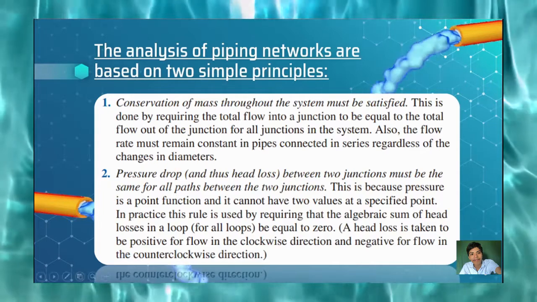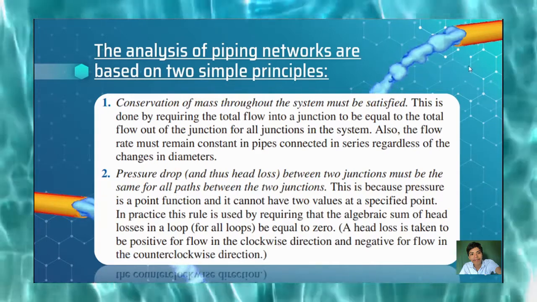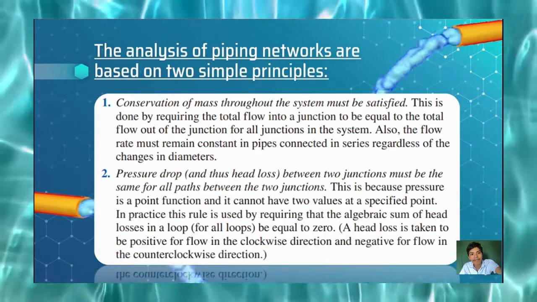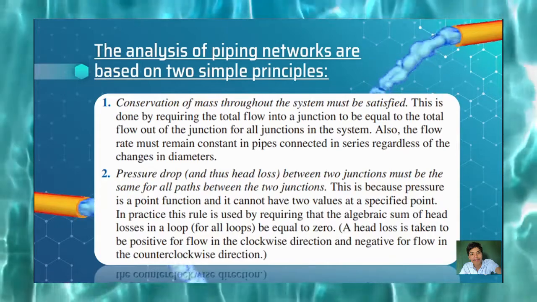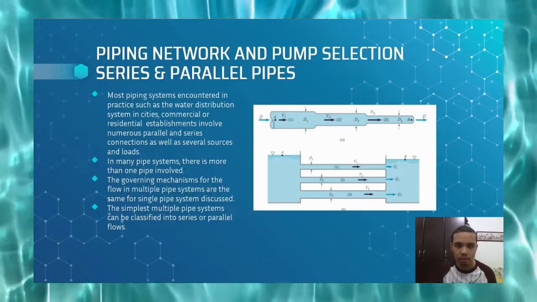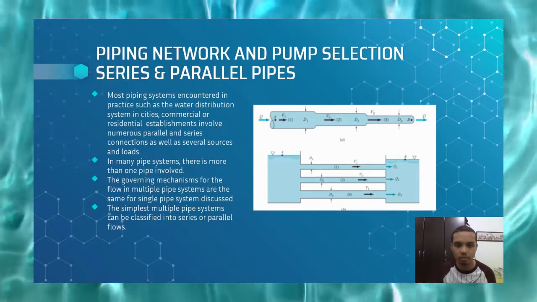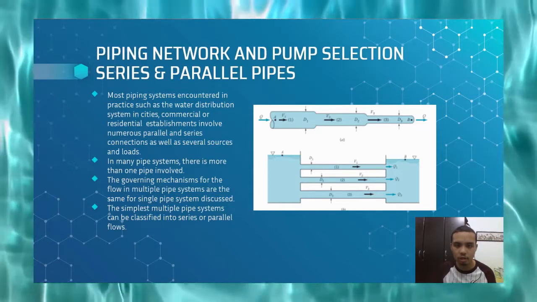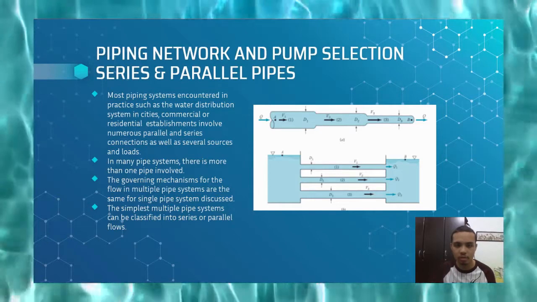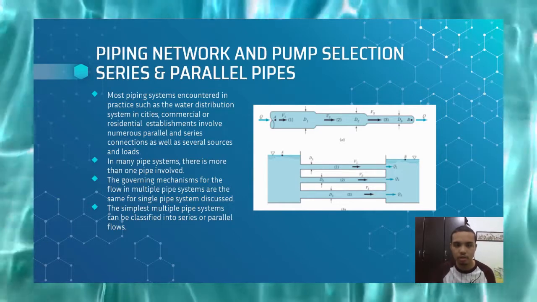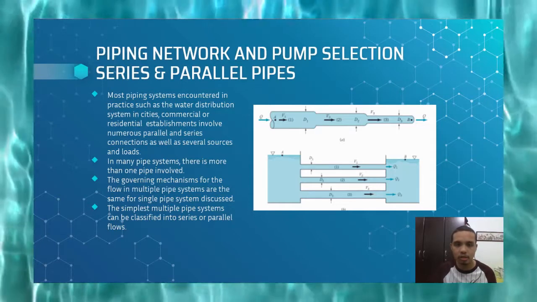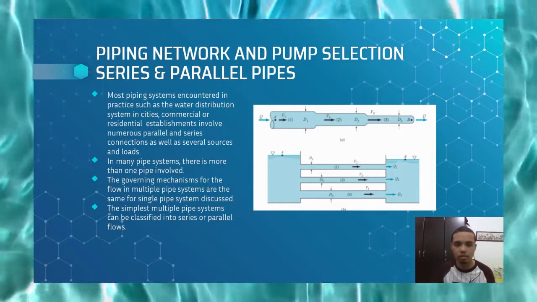A head loss is taken to be positive for flow in the clockwise direction and negative for flow in the counterclockwise direction. Most piping systems encountered in practice, such as the water distribution systems in cities, commercial, or residential establishments, involve numerous parallel and series connections, as well as several sources and loads.